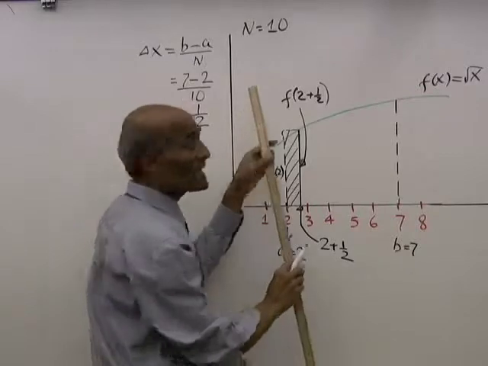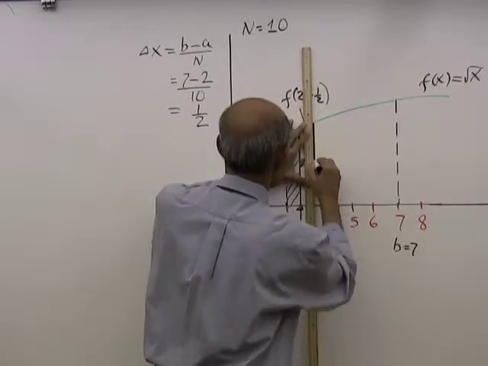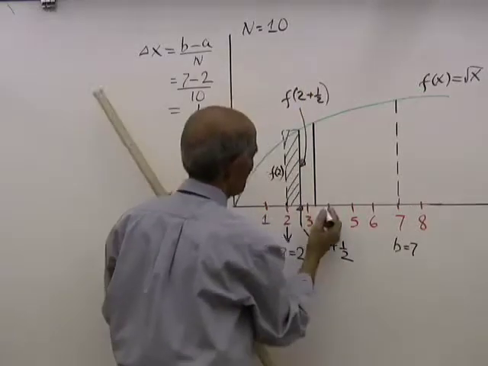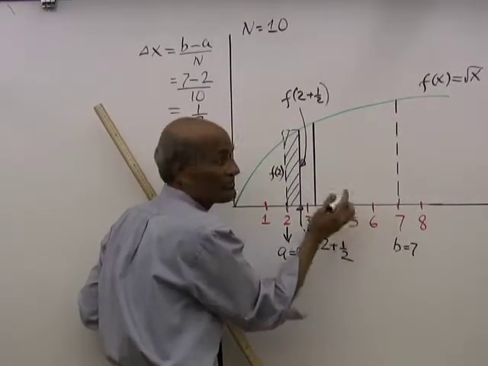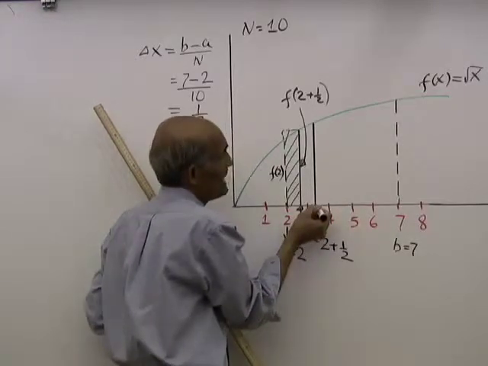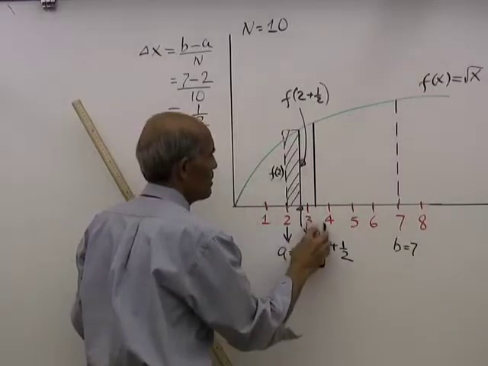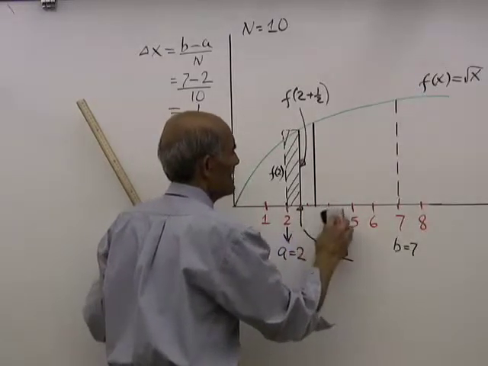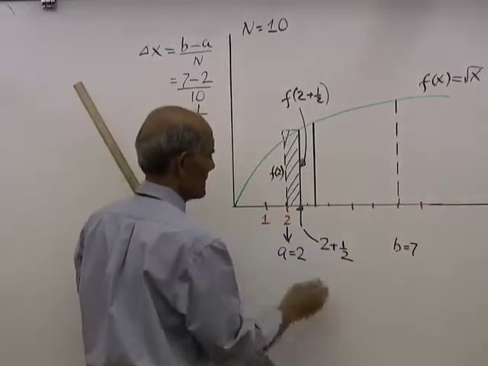Let's construct the next rectangle, the third one. Now, just ignore all these values. This is the second rectangle. That means, let me take off all these x values there to avoid confusion.